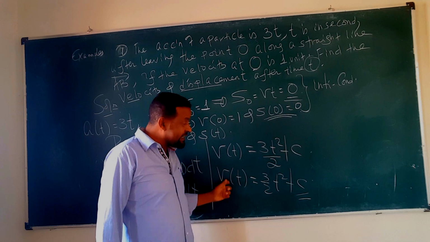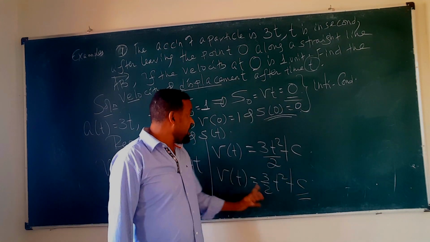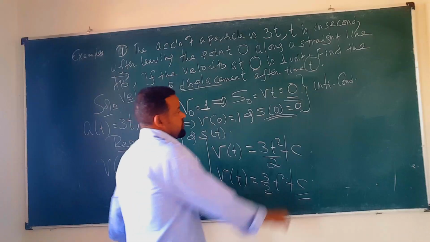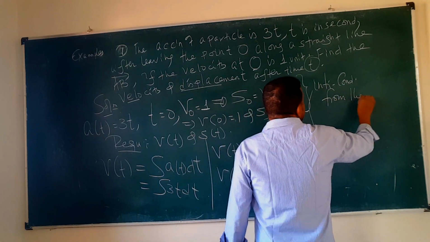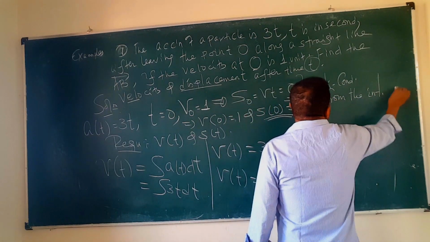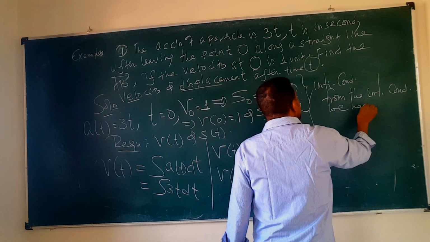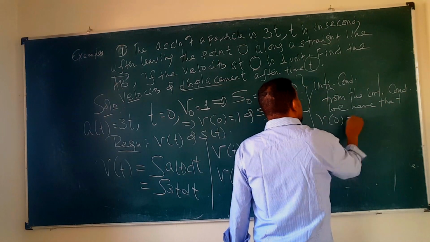So by the initial condition, v of 0 is 1.